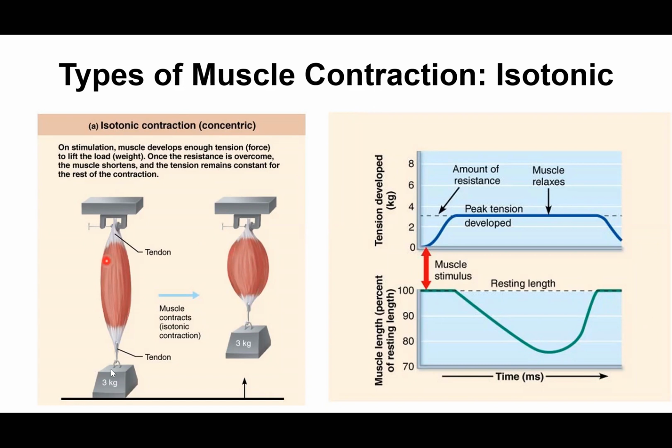So it starts out as long as it can be. Once we reach the peak tension, so the amount of force it would take to start lifting this load, then the muscle itself starts to get shorter until the muscle relaxes, and then it will get longer again. Okay.